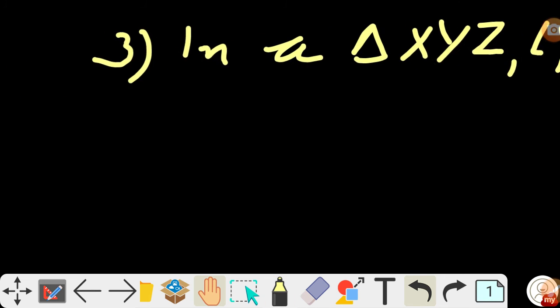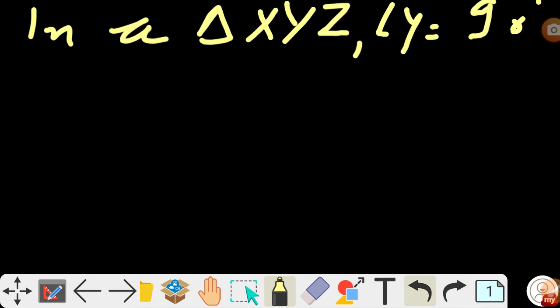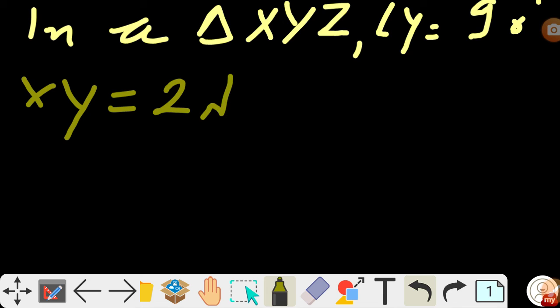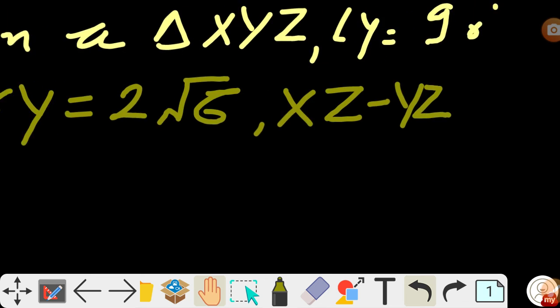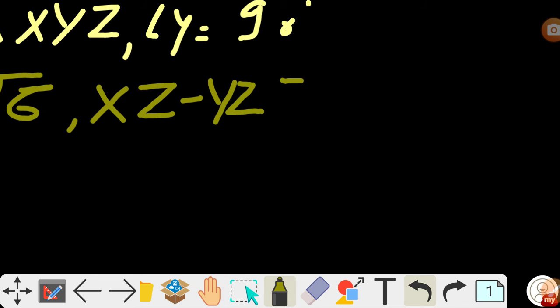The value of XY is given as 2 root 6, and the other thing given is XZ minus YZ equal to 2. Then find the value of sec x plus tan x.